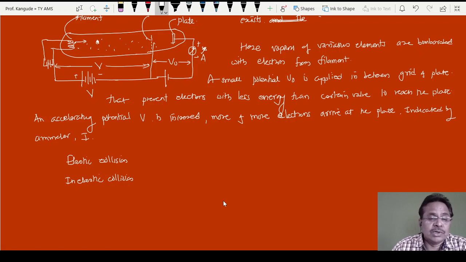So in the elastic collision, since there is no absorption of the energy of the incident electron, the current in the circuit goes on increasing as I increase this potential higher and higher.